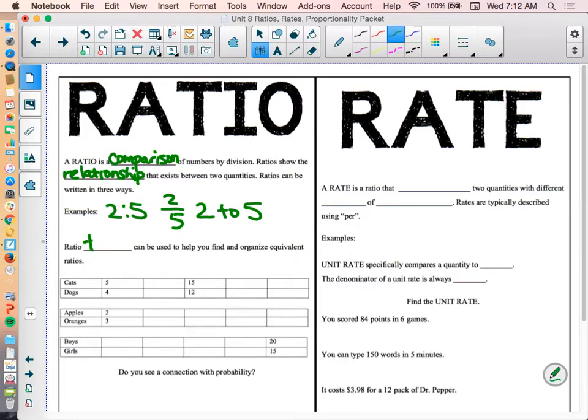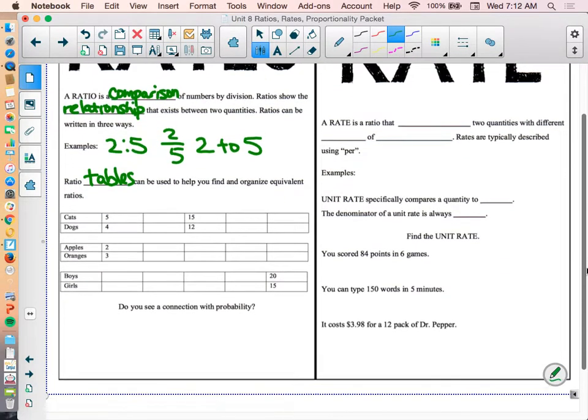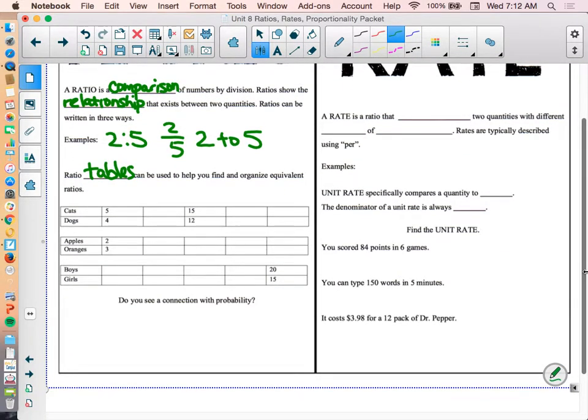Ratio tables are very helpful to be able to organize equivalent ratios. And you'll notice that these are very similar to fractions. Ratios are basically like a fraction, but it can be thought of in a little bit different way at times. For example, we would never talk about cats and dogs together as a fraction, but with a ratio we would. We'd talk about 5 cats to 4 dogs.